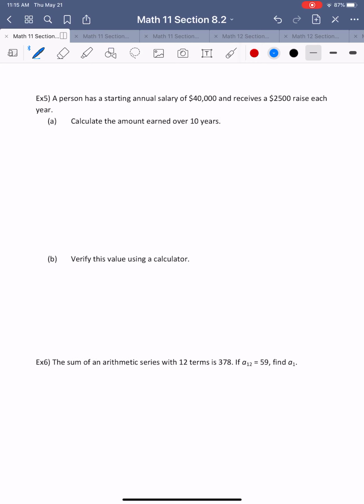A person has a starting annual salary of $40,000 and receives a $2,500 raise each year. Calculate the amount earned over 10 years. First of all, we need to know how much he's going to get in year 10. The first year was $40,000, and then each year a $2,500 raise.